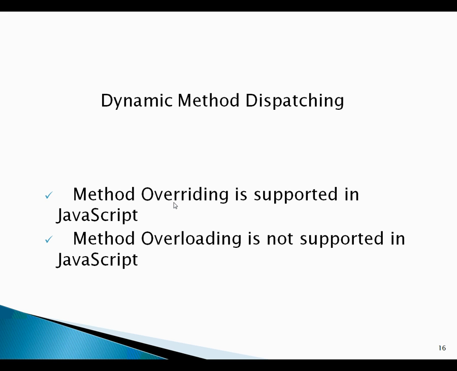When you make a call, irrespective of the number of arguments or the type of arguments that you pass into the function, it will be the subclass's function that will be invoked. This is the default behavior of JavaScript.